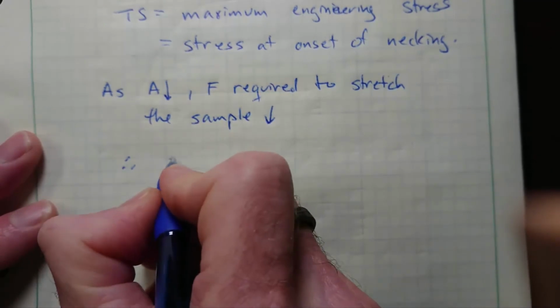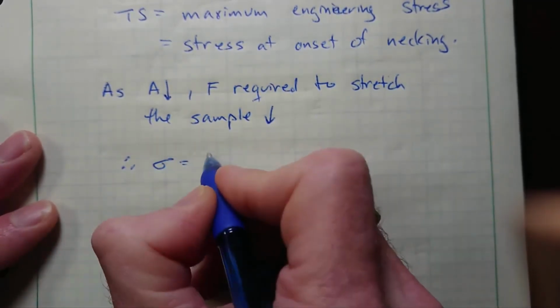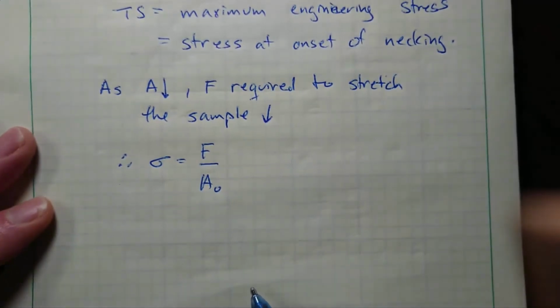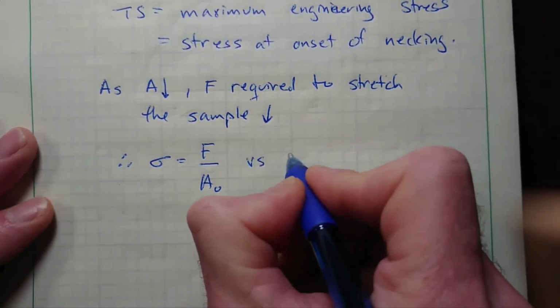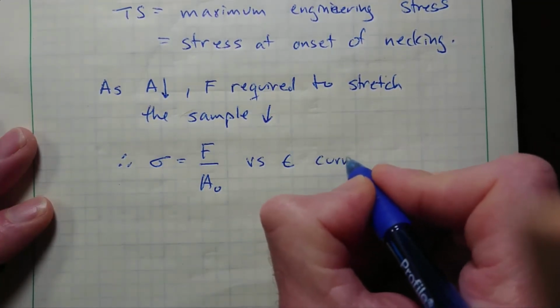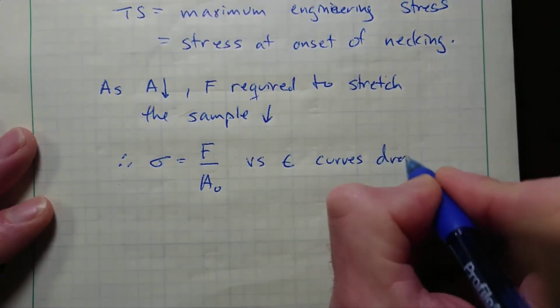Okay, so therefore, since we're plotting stress as force over original area and not the actual area, that stress versus strain curve drops at the point of necking.